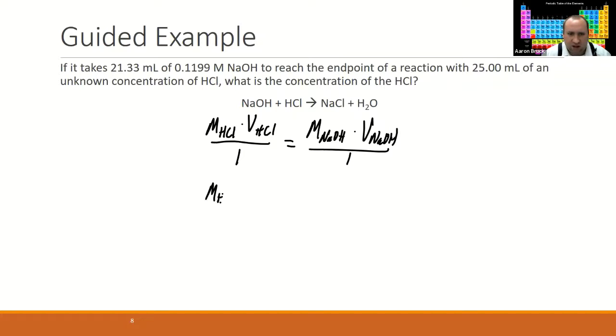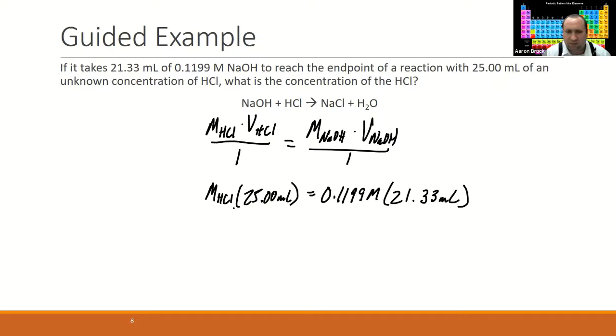So the molarity of the HCl, which we are trying to find, is equal to the volume, which was 25.00 milliliters, and that is equal to the molarity of the sodium hydroxide, 0.1199 molar, times its volume, 21.33 milliliters. Since I have no denominator because they've canceled out, I just need to divide each side by the 25 milliliters.